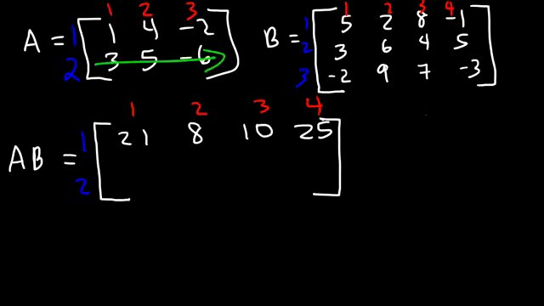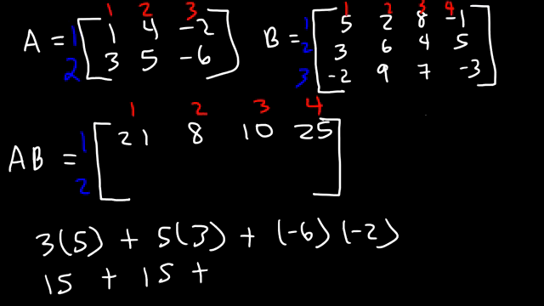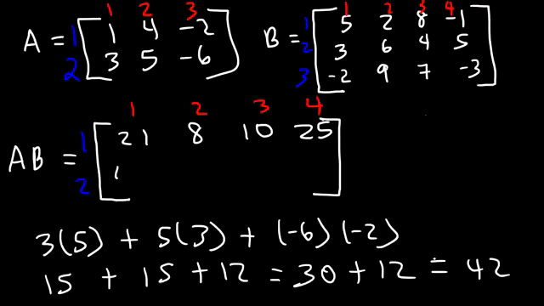So row 2 times column 1. That's going to be 3 times 5 plus 5 times 3 plus negative 6 times negative 2. So that's 15 plus 15 plus 12. 15 and 15 is 30. 30 plus 12 is 42. So we need to put that there.